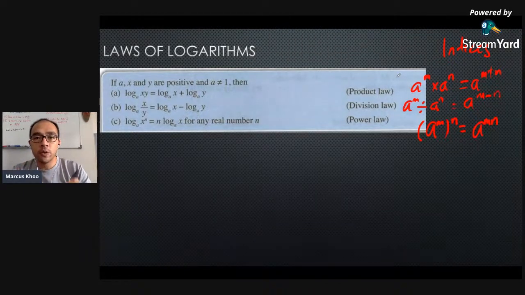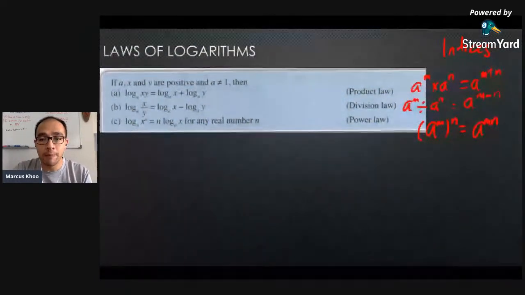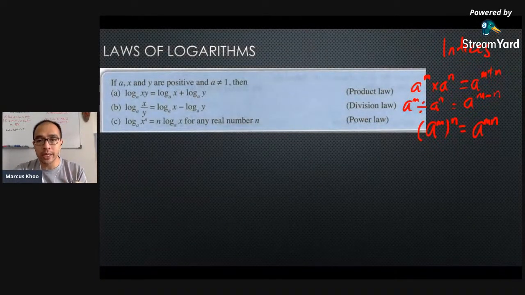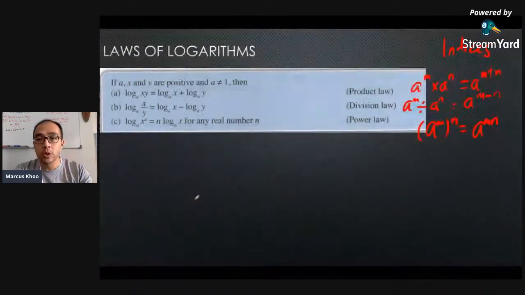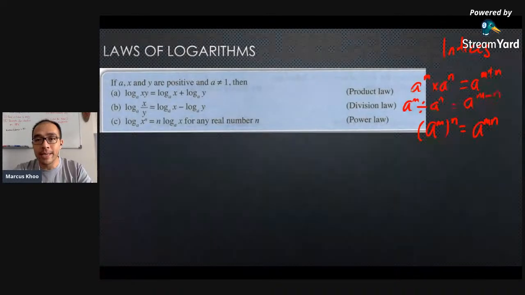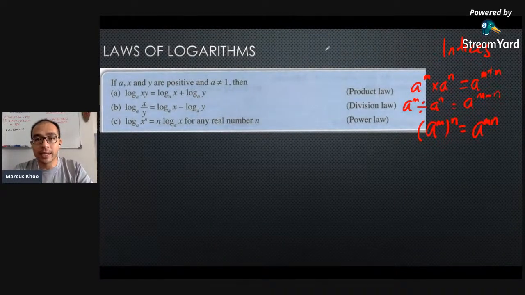Now, if you heard what I said just now, the most important thing is that the base must be the same. In the case of the laws of indices, the base is A. As I said, this is the base, this is the index. Same base, then you can combine.